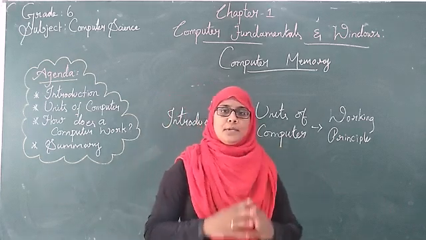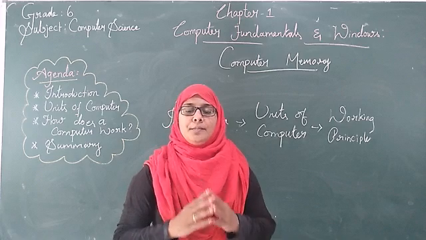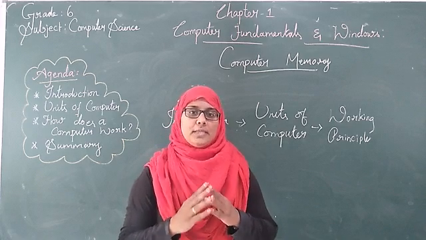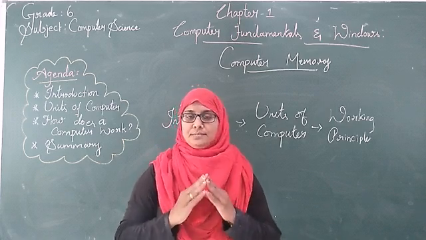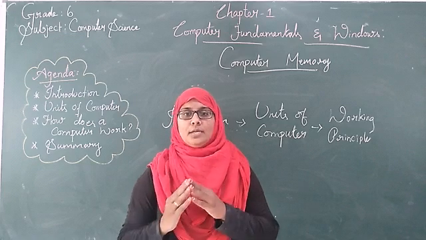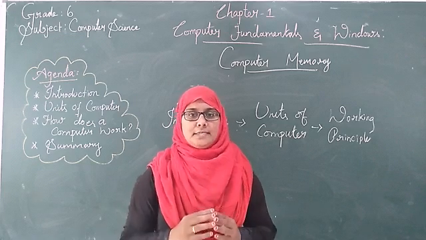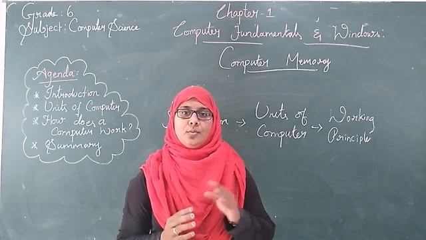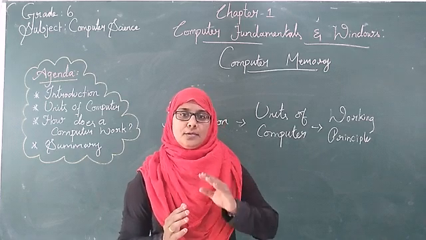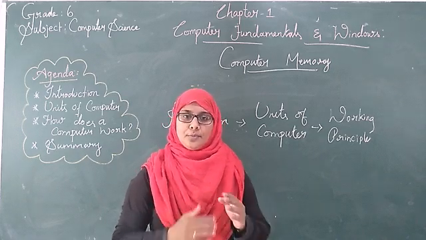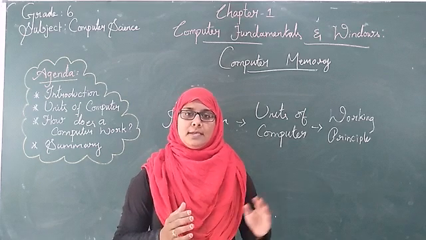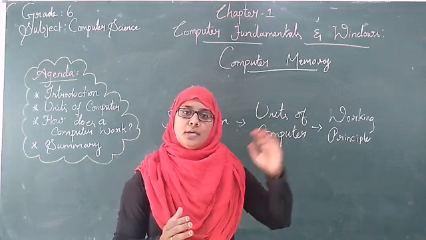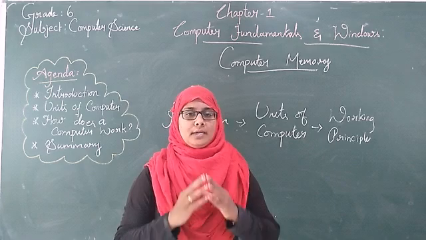Under this concept, we learnt the working principle of computer with an example. Simply, I will tell you how the input unit gets the data from the user. Afterwards, it sends the data to the processing unit for processing, and then it sends the processed data to the output unit for display.